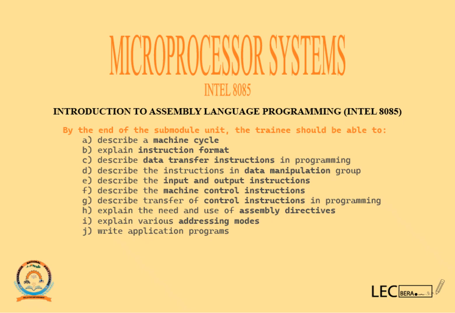So this topic is going to be covered in 2 sessions. Part 1, which is this session, is going to cover objective A to objective H, and then in the next session we are going to cover objectives I and J.